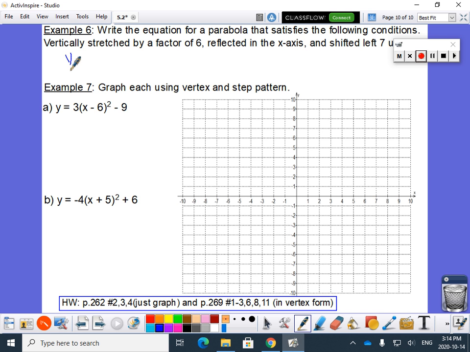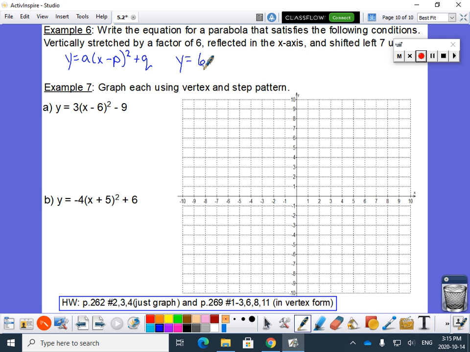So right away we know that it needs to be in vertex form. Okay, and when it says vertically stretched by a factor of 6, if you need to go back to the summary page, then do that. But when talking about vertically stretched or compressed, we're talking about the A value. So far we know y equals 6, because that's where the A is, it's the first value.